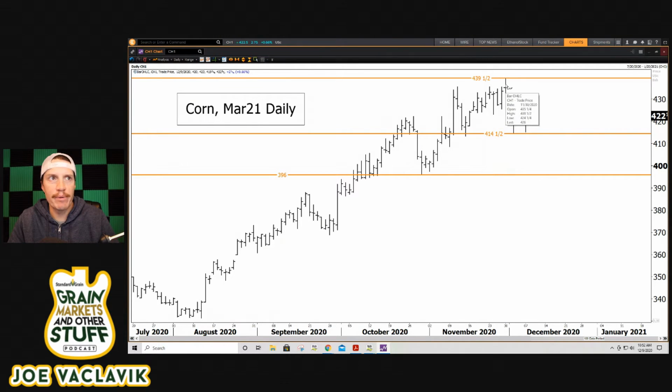The fact that we went up and traded that high at 439.5 on November 30th and then posted a key reversal, which I talked about in a previous episode where I did the corn charts, was a negative factor. And in this case, the key reversal did result in some additional selling pressure. We've seen some back and forth, but that was your peak very firmly for the time being, that 439.5. And as I sit here today, 439.5 is your big technical hurdle.